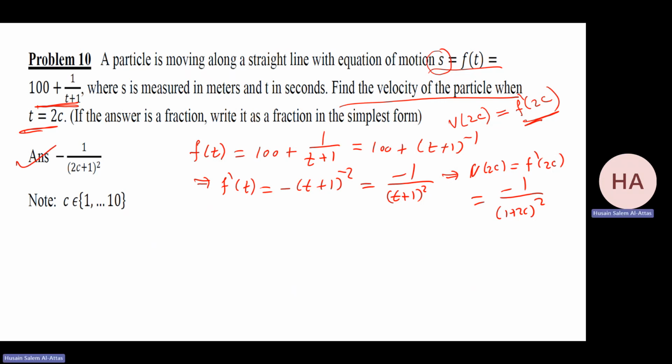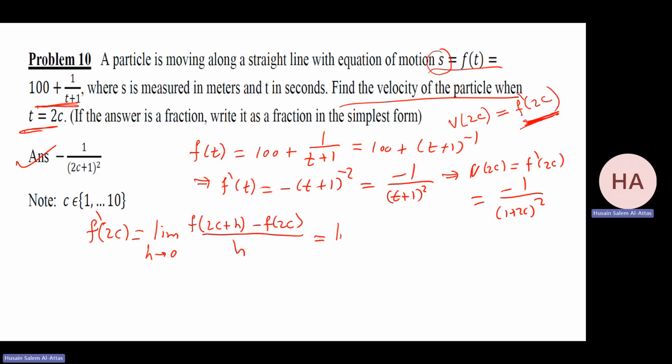Now I'll do it using the definition. We'll try to do it using the definition, to find the derivative, I mean. This f prime at 2c using the definition would be the limit. I can use any one of these definitions. Let me use the h. It goes to 0. F of 2c plus h minus f of 2c over h.